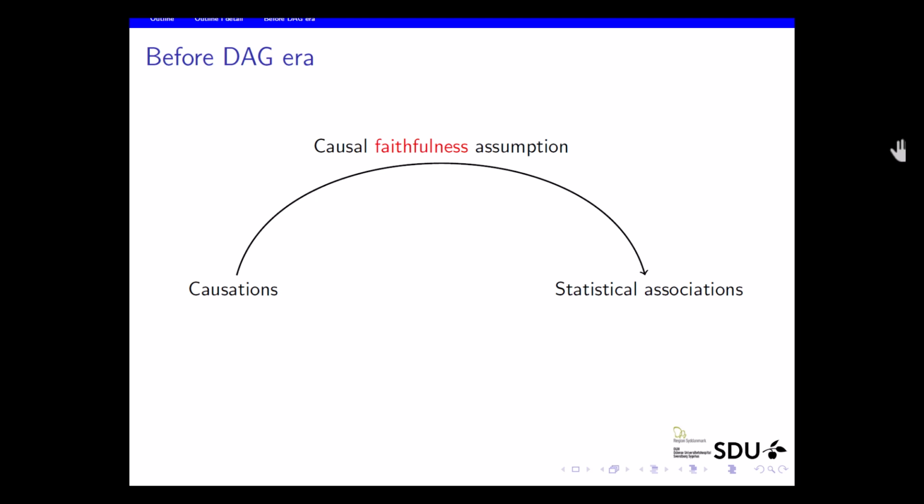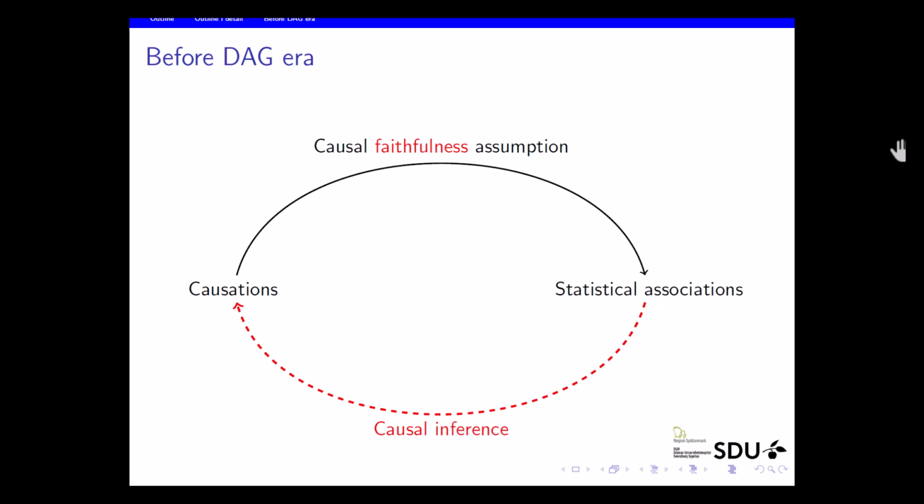When we observe an association between the exposure and the outcome, we wish to do causal inference. We wish to interpret the observed associations as causation.